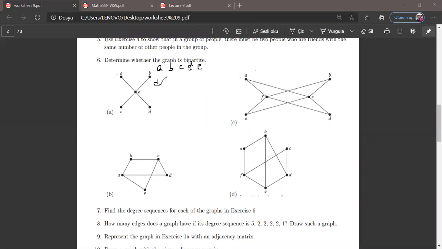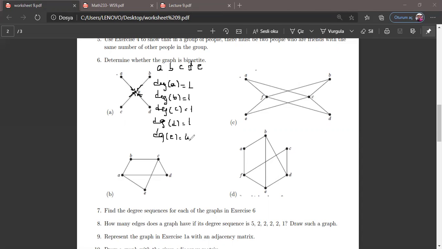So what's the degree of A? There's only one edge, sorry, so it's 1. What about the degree of B? Again, it's 1. What about the degree of C? It's 1. And the degree of D, again, we have only one edge, so it's 1. And the degree of E, there is 1, 2, 3, and 4.